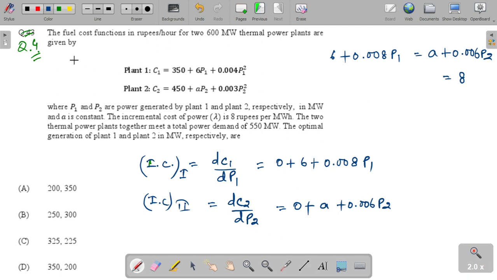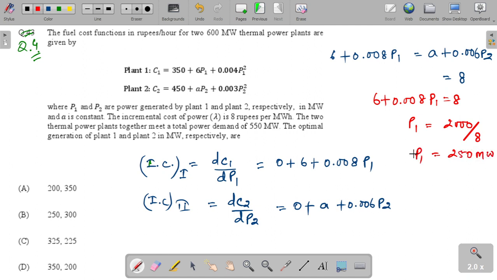So after solving this equation, we will get 6 plus 0.008 P1 equal to 8. This will give P1 as 8 minus 6, that is 2000 divided by 8, so this will give 250 megawatt.